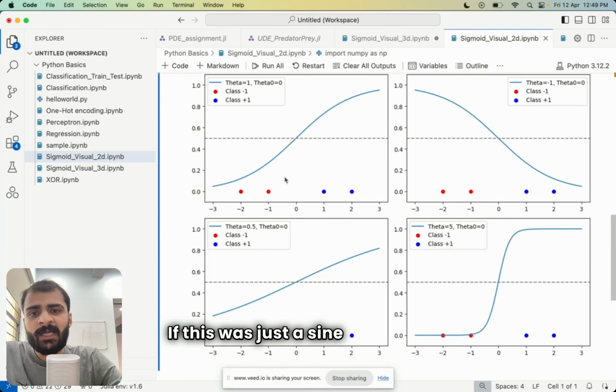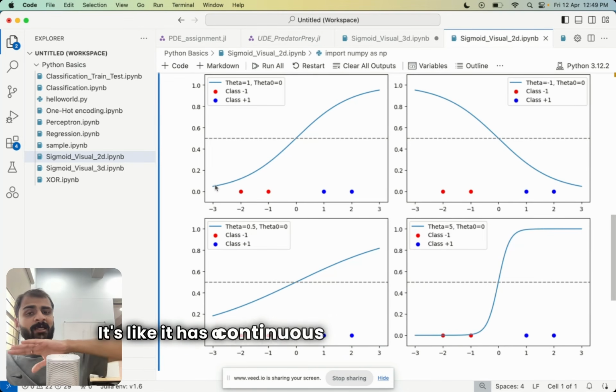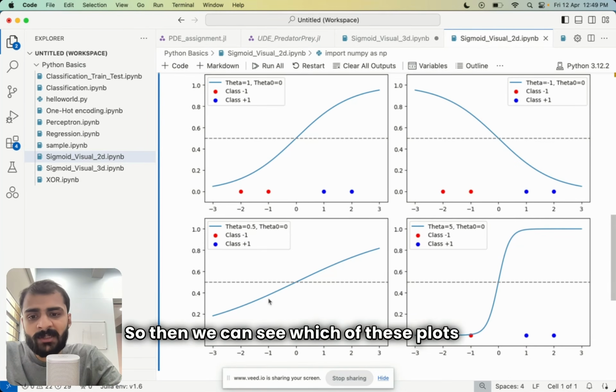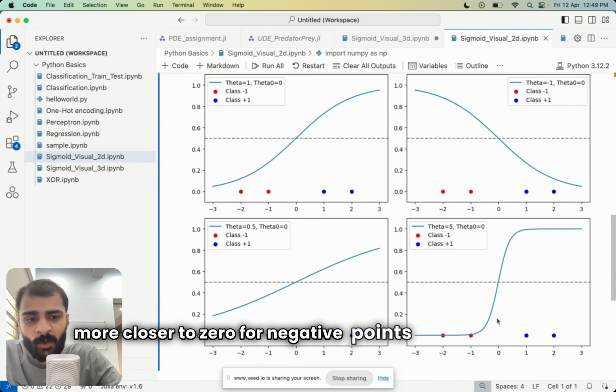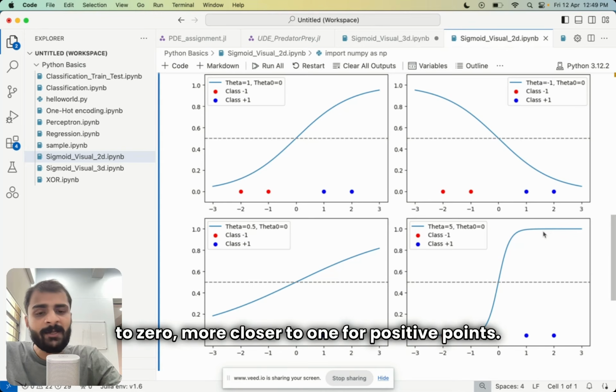If this was just a sign function, all these three plots would look the same. But right now it's not the sign function. It has a continuous scale from 0 to 1. So then we can see which of these plots are closer to 0 for negative points, and closer to 1 for positive points.